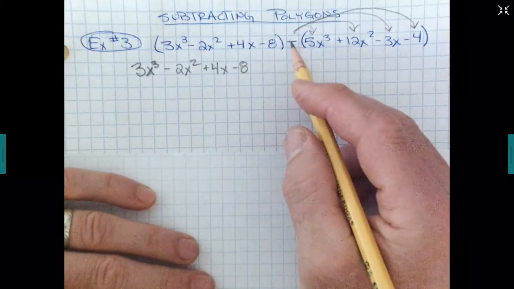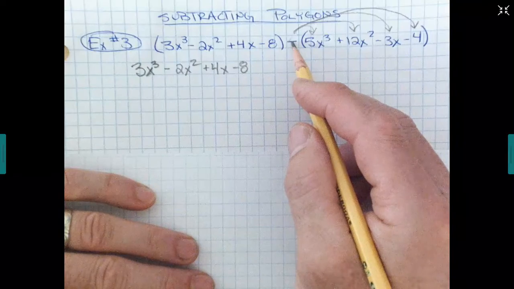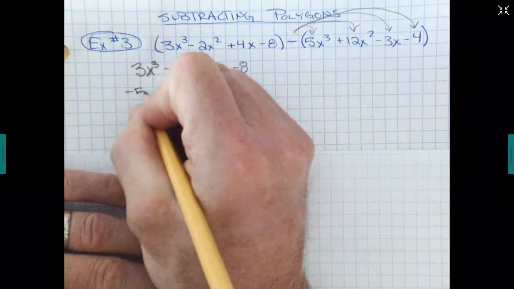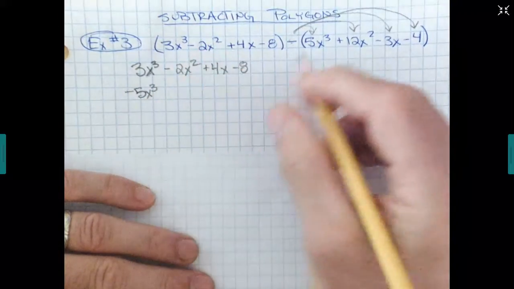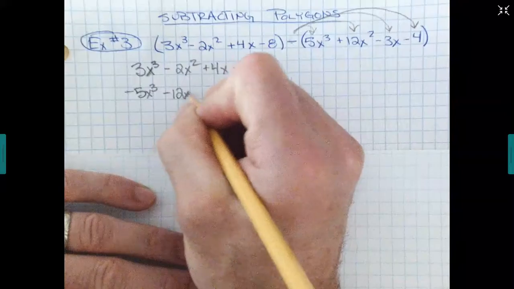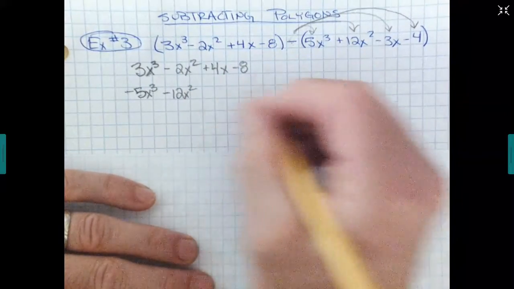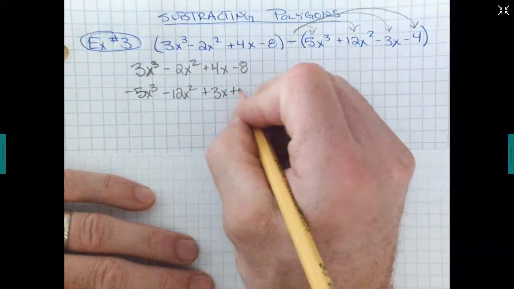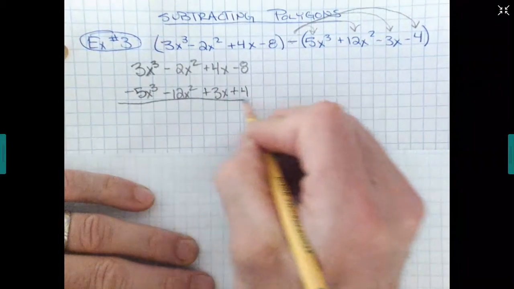Negative 1 times 5x to the third is negative 5x to the third. Negative 1 times positive 12x squared is negative 12x squared. Negative times negative is positive 3x. Negative times negative is positive 4.